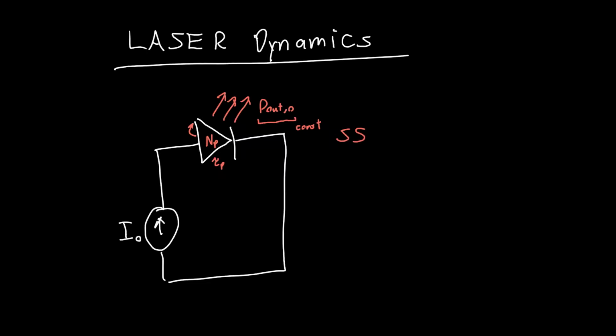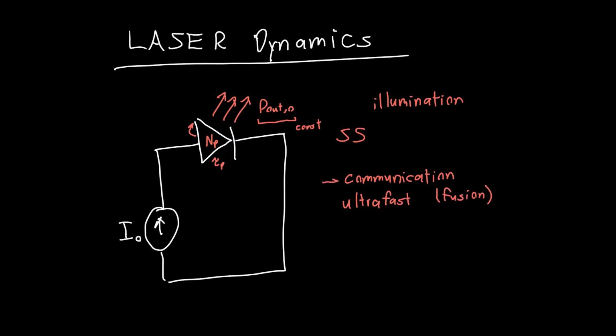And this might be great if you're doing stuff like illumination, where you want a constant power. But for most applications with lasers, like communication and other really cool things like ultra-fast laser pulses for things like fusion research, if you're interested in these sorts of things, this is going to require your output power to change with time.